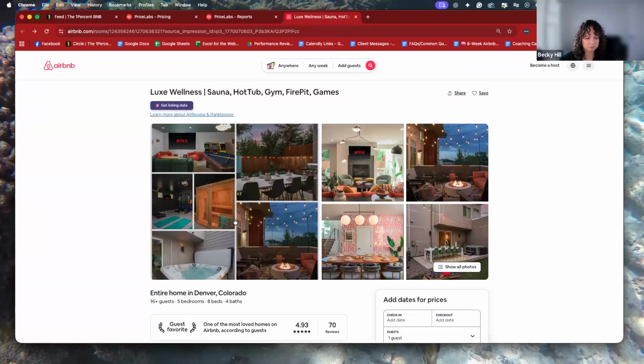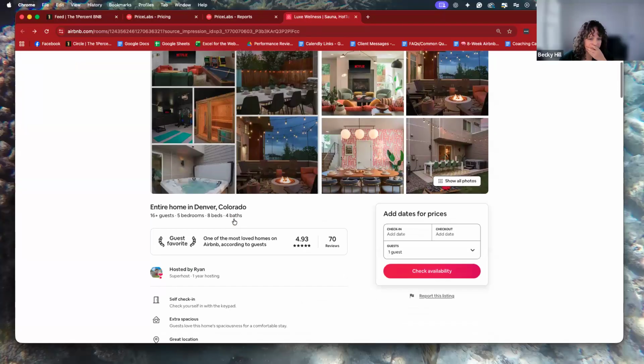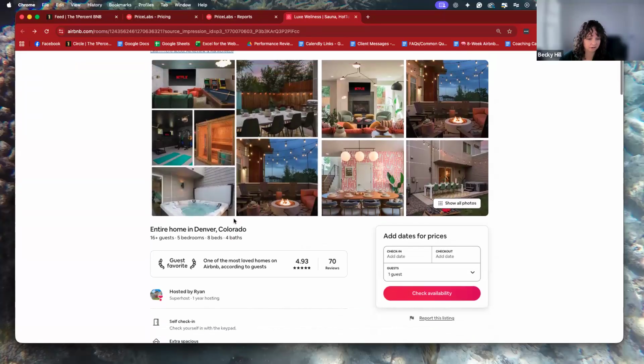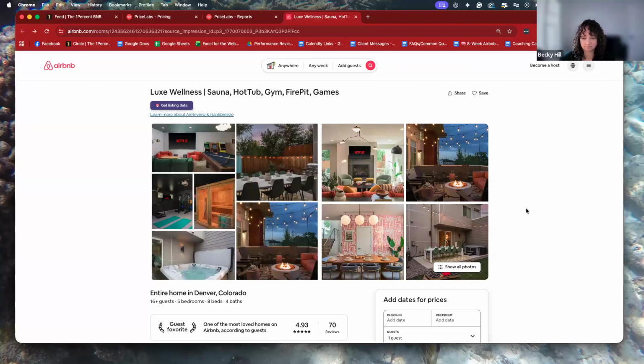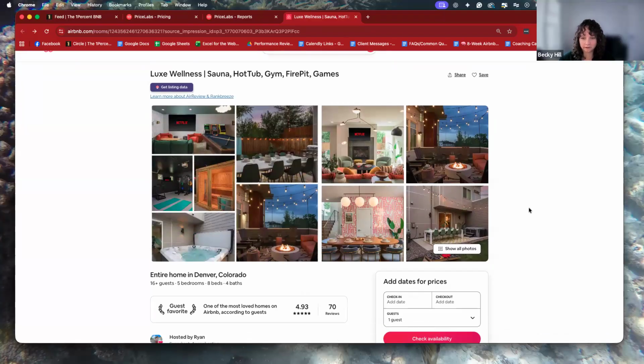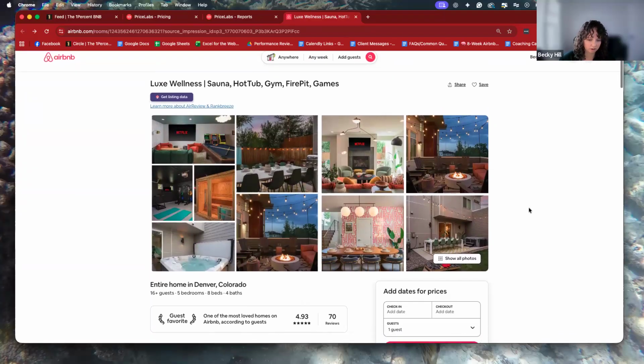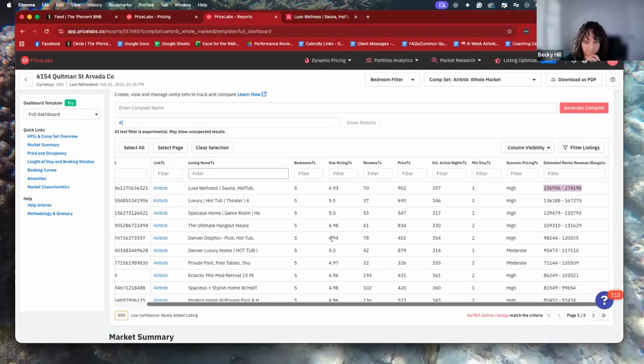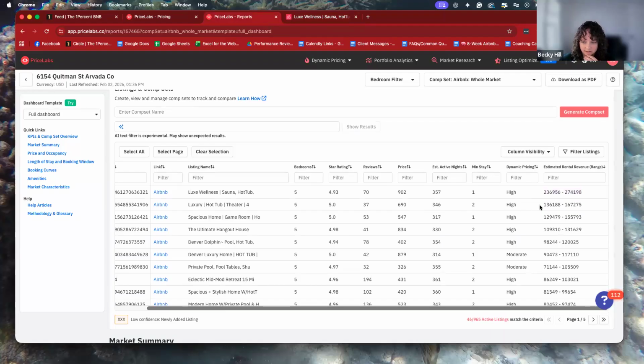So in theory, this one should be accurate according to the filters that I use to determine how accurate the data is. Well, I'm going to keep this up here so we can look on AirDNA for it, but I'm not going to use it as a comp because it is such an outlier. I don't even think that would make sense.